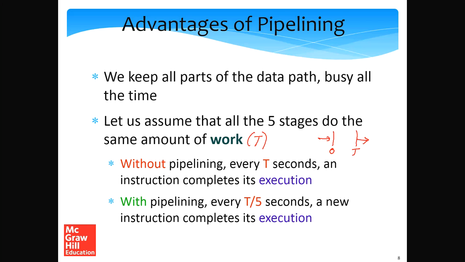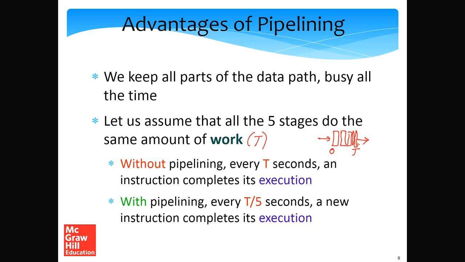So with pipelining, what we have done is that we have broken down this circuit into 5 parts: part 1, part 2, part 3, part 4, and part 5, right?